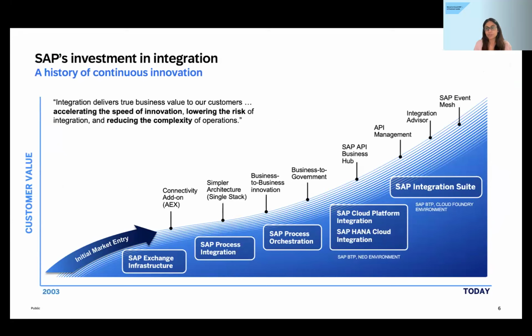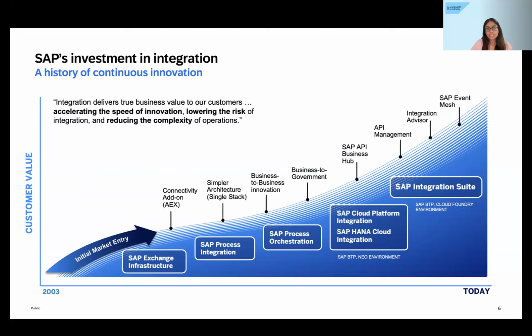So we had our first footprint as SAP Cloud Platform Integration, typically cloud integration, and SAP HANA Cloud Integration names on the BTP Neo environment. With this, we also launched API Business Hub, which is the central catalog for our APIs, integration and other content.